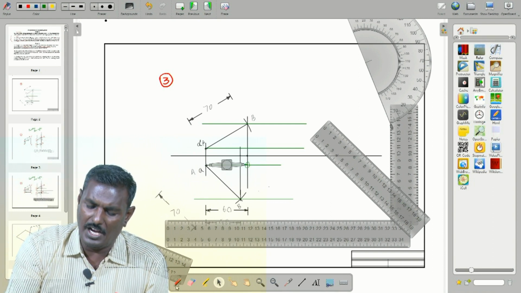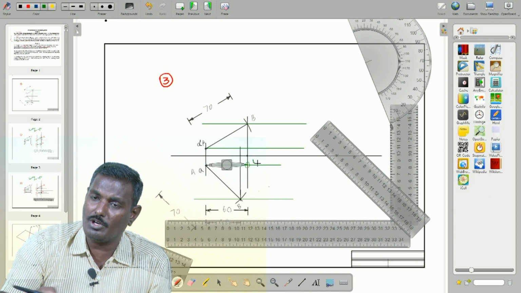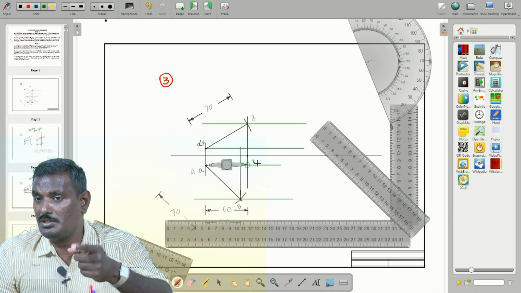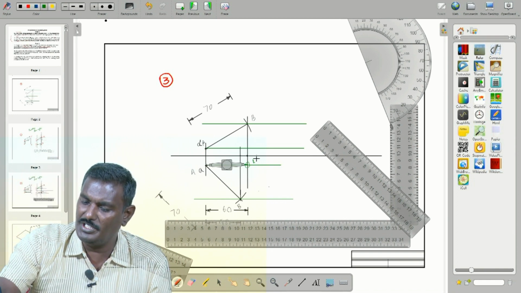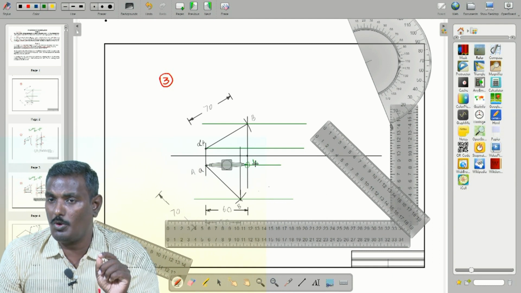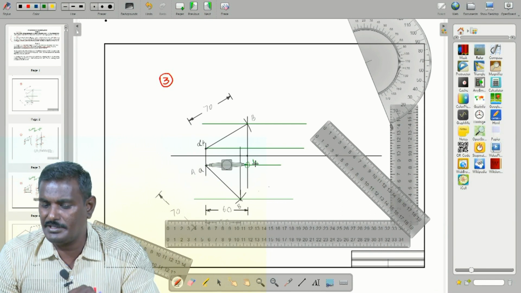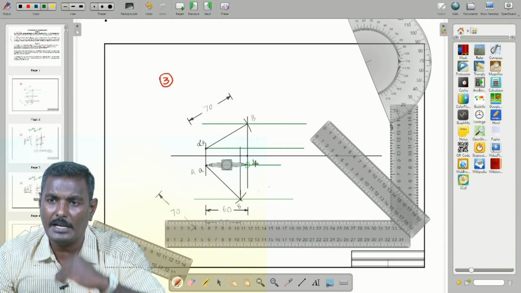So what we have to determine is the locus point of B, from this only we have to take. So small b, locus point of B, so LB. Now with small a and LB, the locus point of B, as radius, make an arc to intersect the locus line from the plan view of capital B.